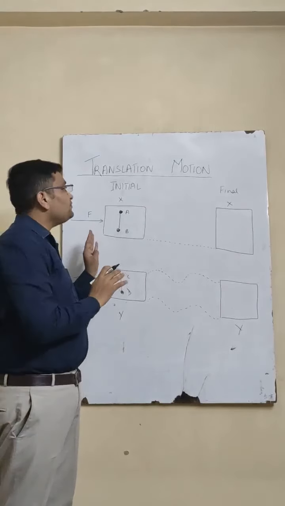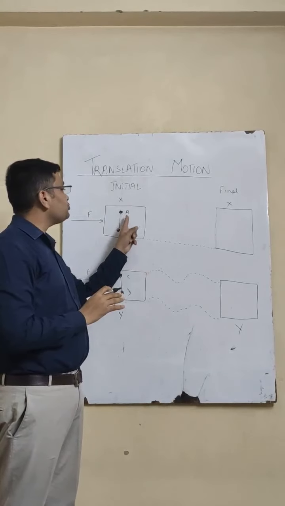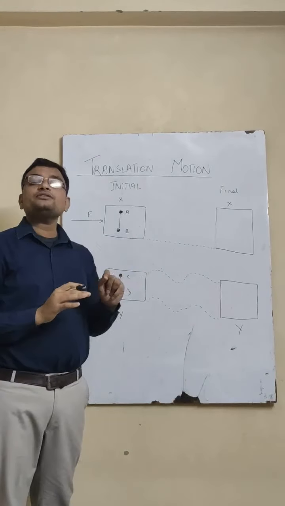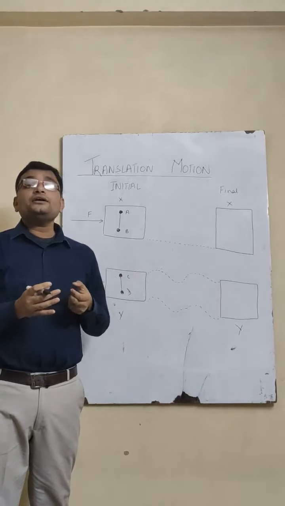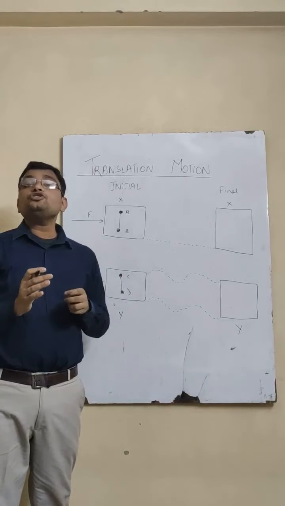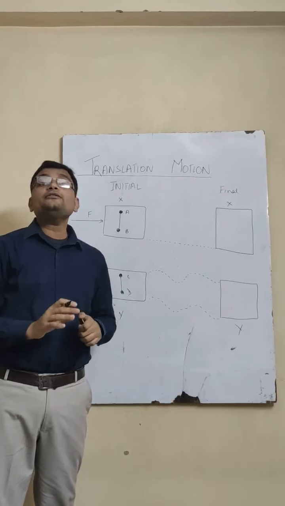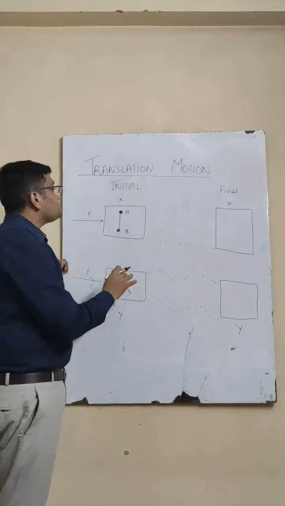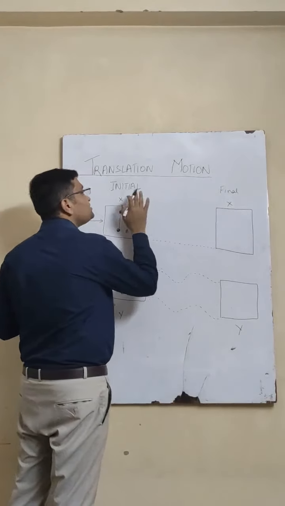Now, after completing its motion, obviously the particles' positions will not change. Why? Because it is a rigid body, and we have already studied that in a rigid body the positions of particles do not change even when a force is applied on the body. That simply means the positions of particles are the same as in the initial position.